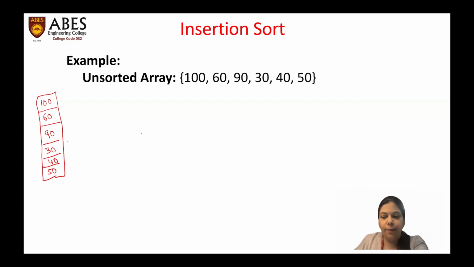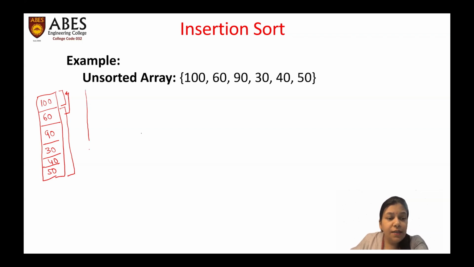And our task will be to take one element from the unsorted array and place it at its appropriate position in the sorted array. So to start with, only the first element of the array will be considered as the sorted array, and the rest of the elements will be considered as unsorted. The task for the first iteration is to take the element 60 and place it at its appropriate position in the sorted array.